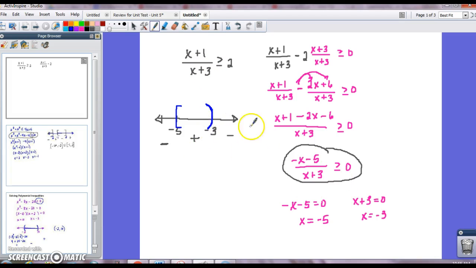So no matter what, I will never be able to include that in my solution, regardless of the fact that it says greater than or equal to here. So this is going to be my solution. If I were to write that out, I would have from negative 5 to negative 3, a square bracket on that side, and a parentheses on the other side. That's basically the idea behind it all.